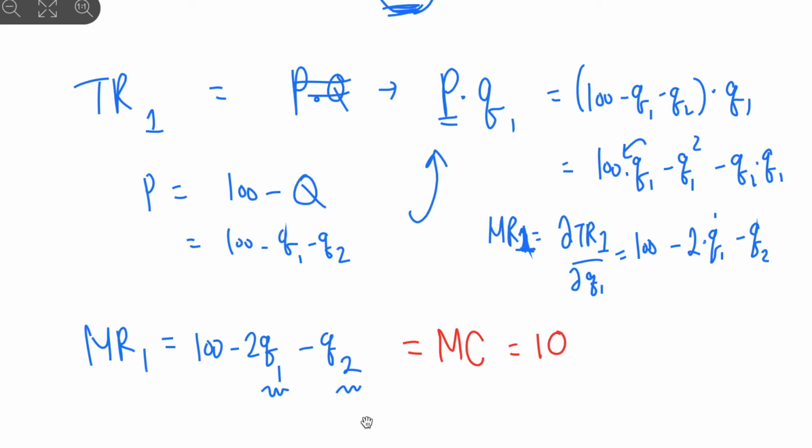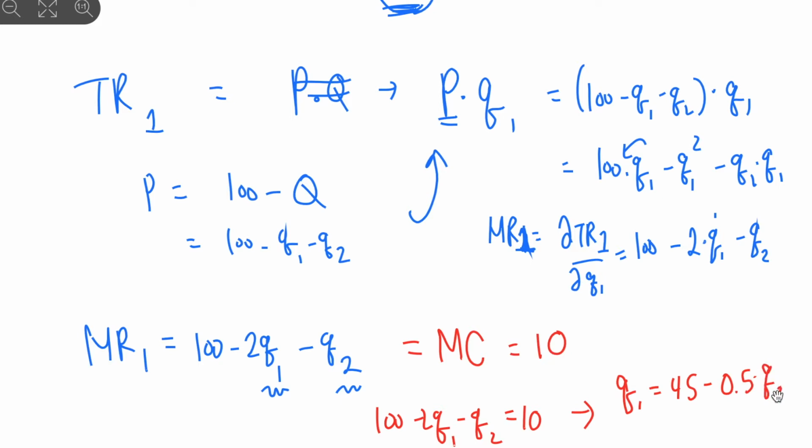So what we see now is 100 minus 2Q1 minus Q2 equals 10, and thus, if we solve for it, we find Q1 equals 45 minus 0.5 times Q2. And since we have the symmetric production of Firm 1 and Firm 2, what will be the quantity for Firm 2? It's the same, 45 minus 0.5 times Q1.